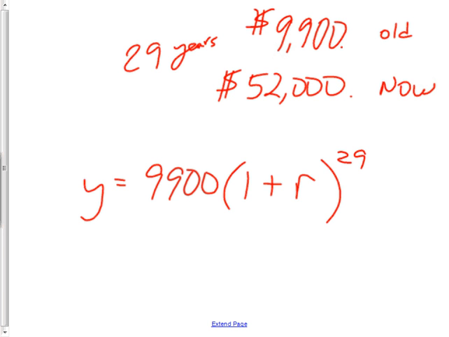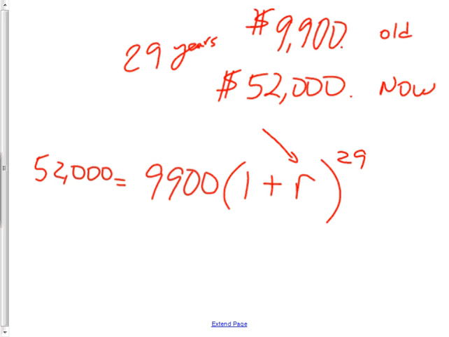And then what's the new thing for today? Really, the new thing for today is you can put a variable here if you don't know it, and you can put the ending here. Solve that, and you'll know what, on average, the tuition went up every year.